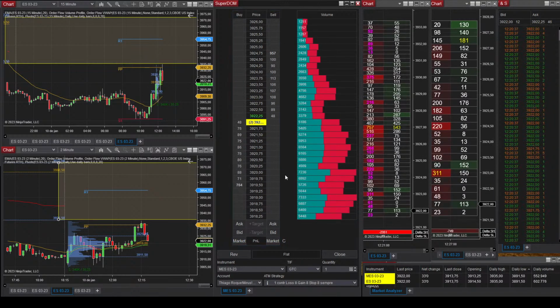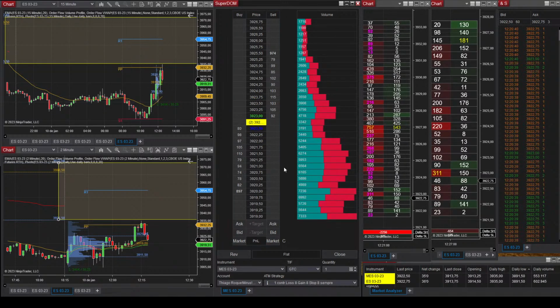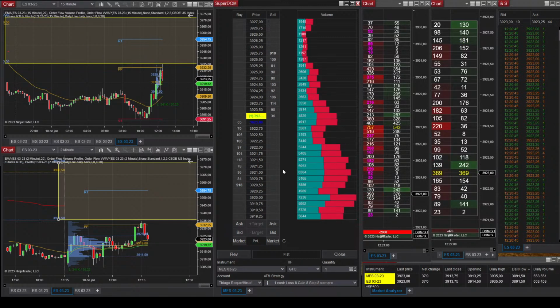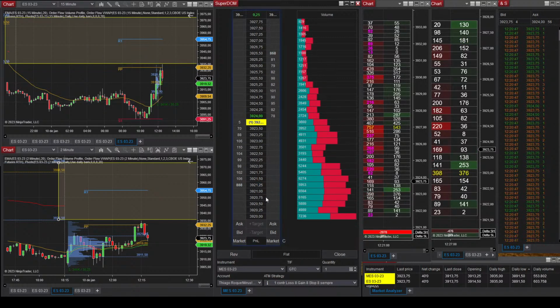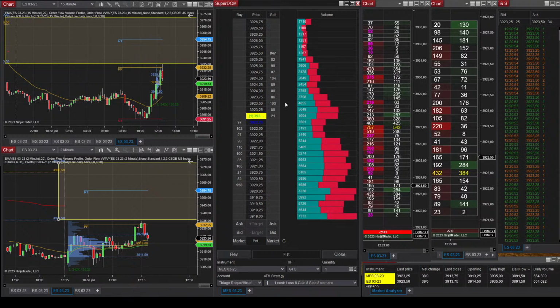So let's see, you remember the 25, that was the region to be watched. Let's see if it moves upwards and fails or exhausts above the 25 and selling pressure enters.